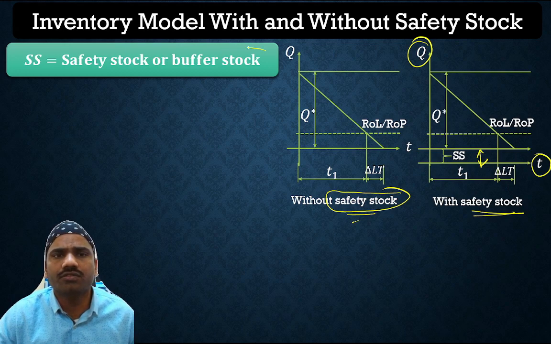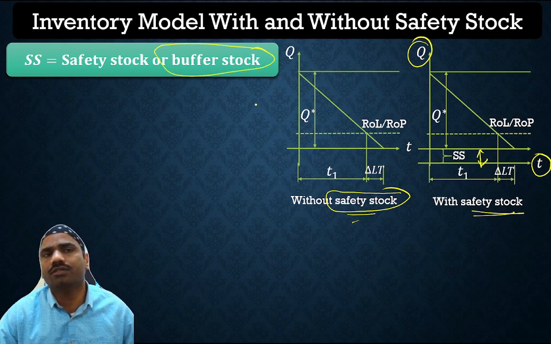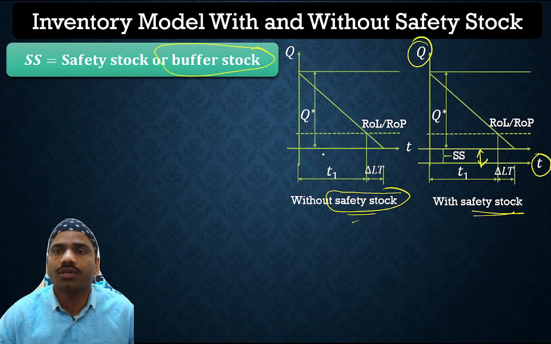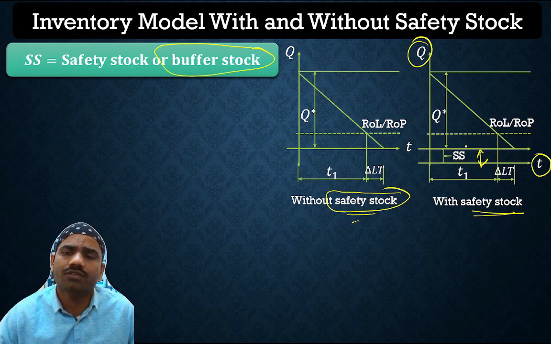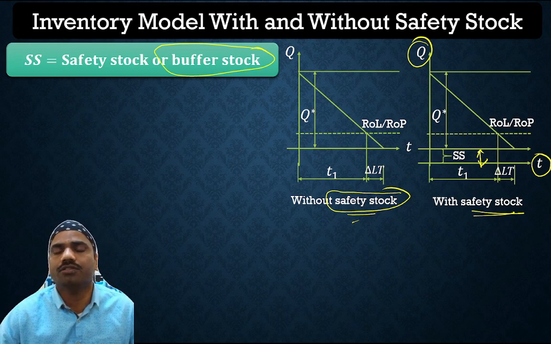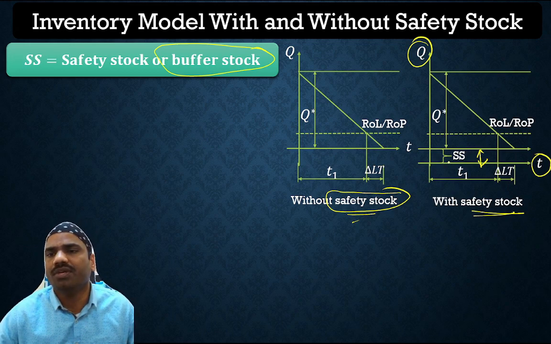Safety stock, which we also know as buffer stock, is a stock we maintain for any worst condition. That stock is maintained throughout the period. We are not consuming it, and if something goes wrong, then at that time we will consume that particular quantity. That is the safety stock.